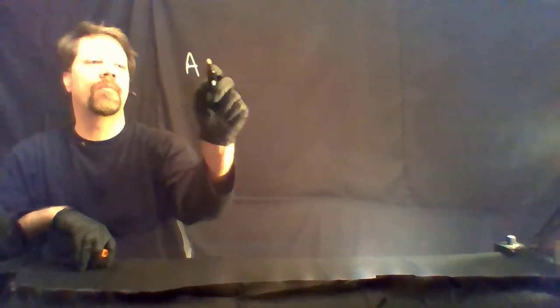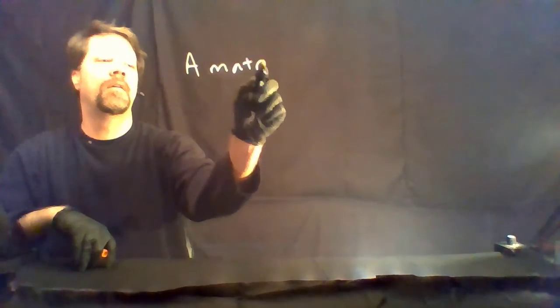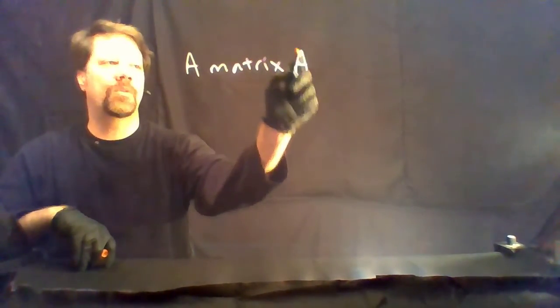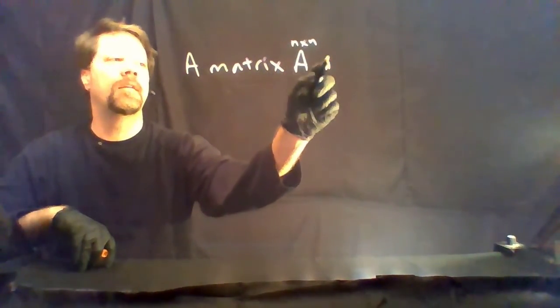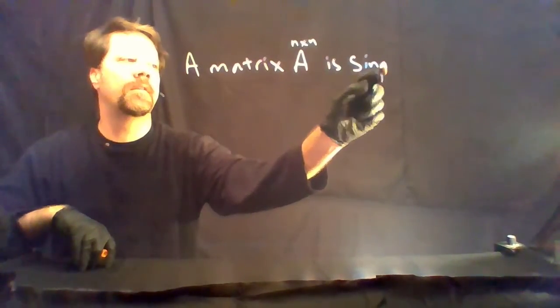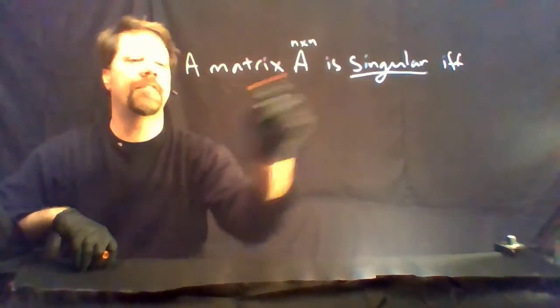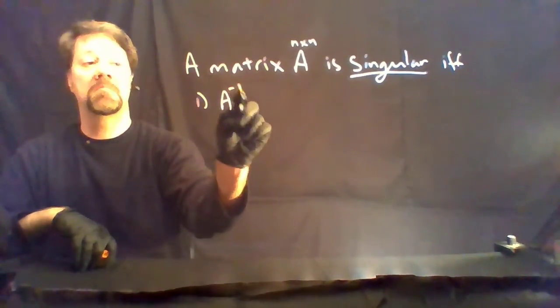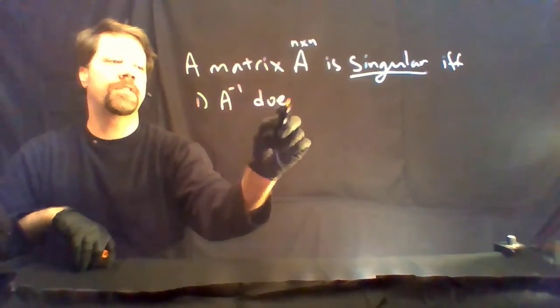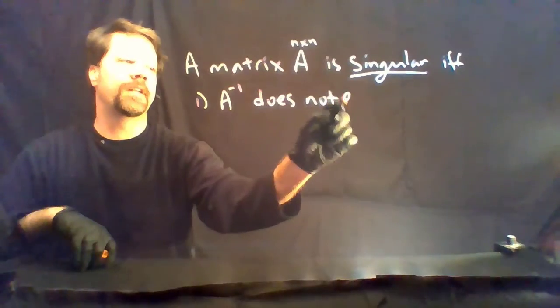There are many conditions equivalent to a matrix being singular, but let's list a few. The matrix A, assuming that it's n by n, is singular if and only if, first, A inverse does not exist.